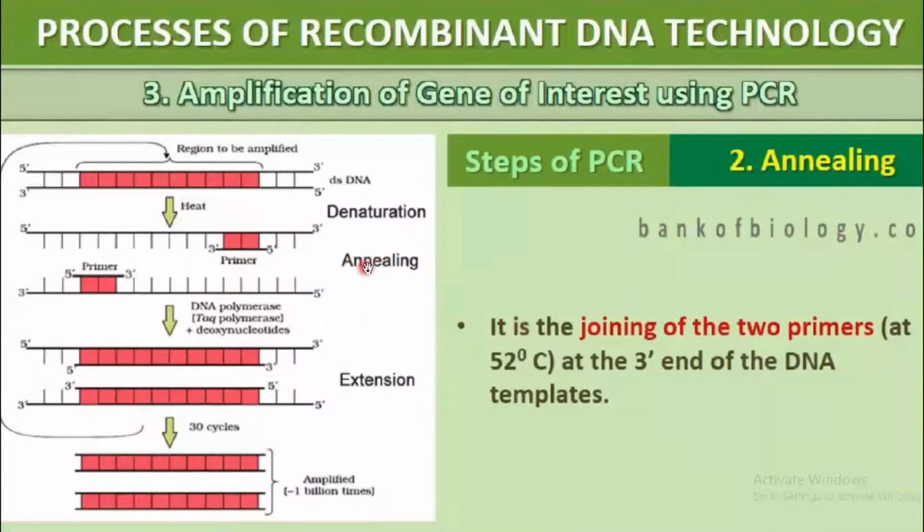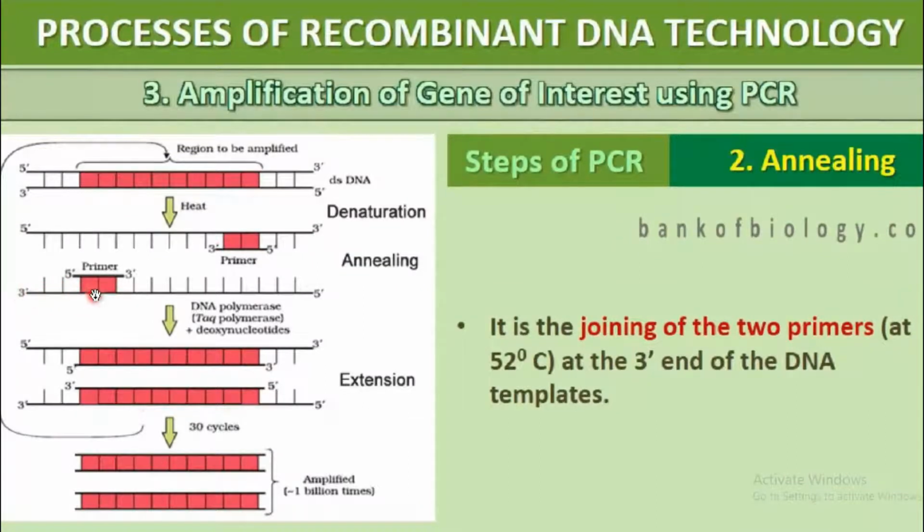Then second one, annealing. It is the joining of the two primers. We can see this is the joining of primer. One primer is joined to one strand of the DNA, and the other primer is added to the second strand of the DNA. So where are they added? They are added at the 3' end.